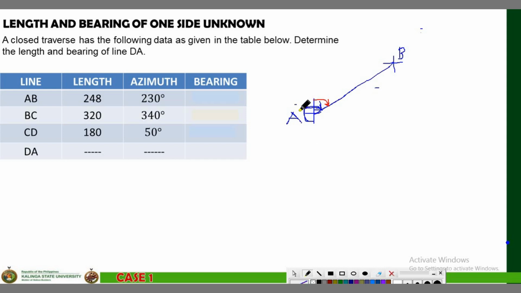If my azimuth is 230, can anyone from this class tell me the bearing of AB, this red one? Kindly type in the comment box the value of the bearing for line AB.